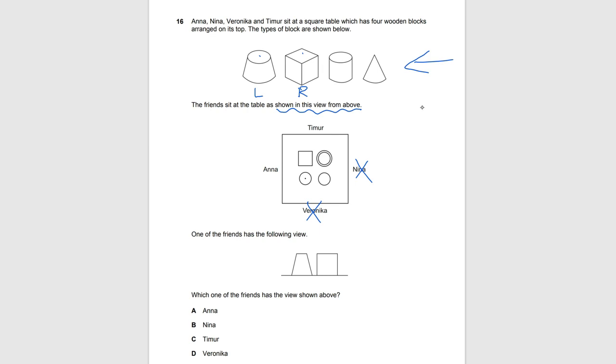So it's not Veronica. Let's try Anna. Anna has a cube on her left, so when Anna sits facing this way, she will have a cube on her left and the pointed cone on her right. That again does not match what we're looking for because the cube must be on the right, whereas Anna's cube is on the left. So it's not going to be Anna, and let's try Timur.